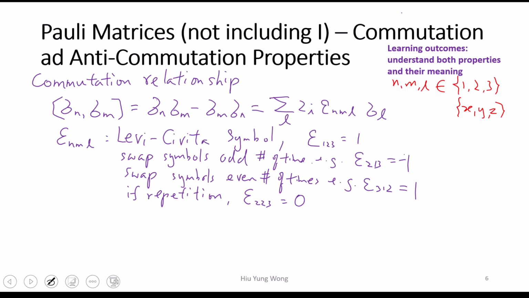Now, another way to look at this is like that. You can also think of 1, 2, 3 as clockwise. If your symbols are like 1, 2, 3, 3, 1, 2, 2, 3, 1, then they are plus 1.